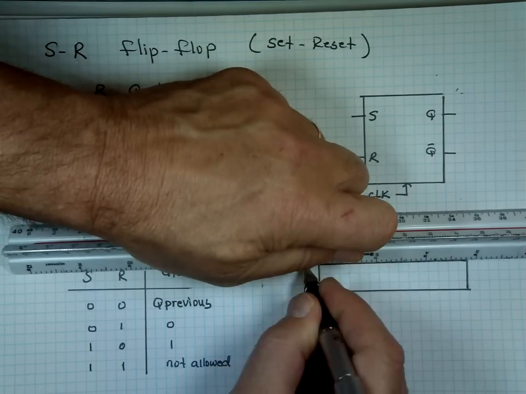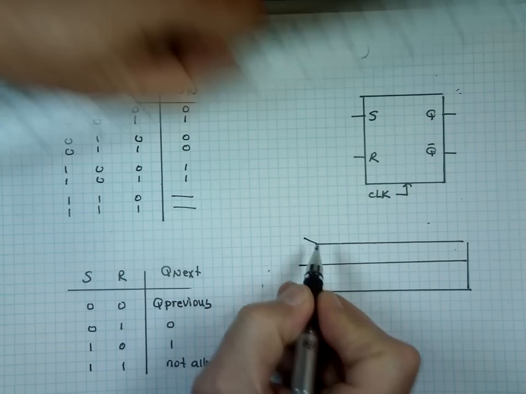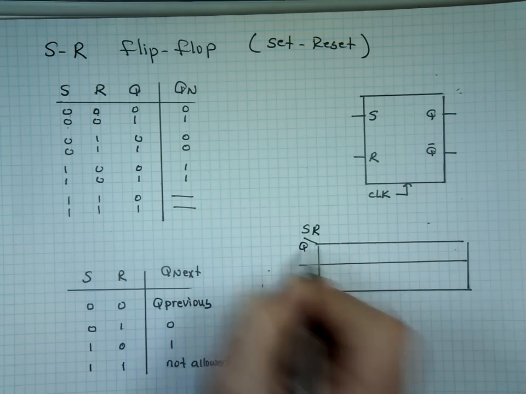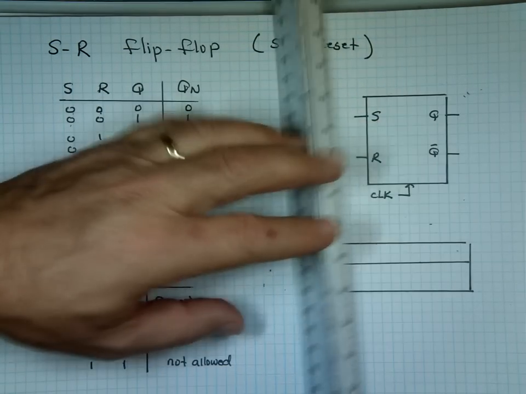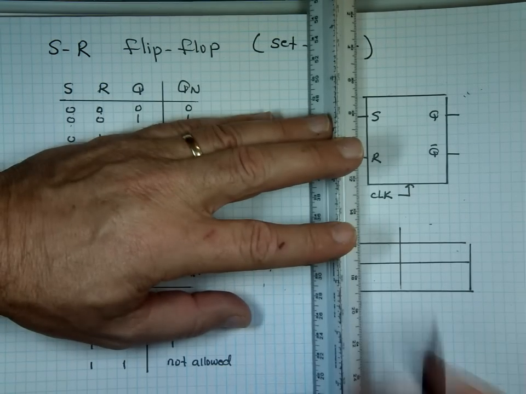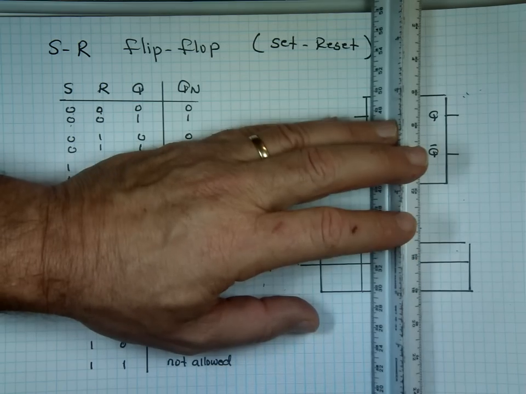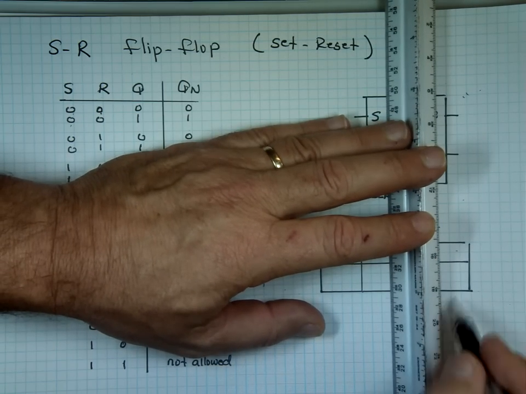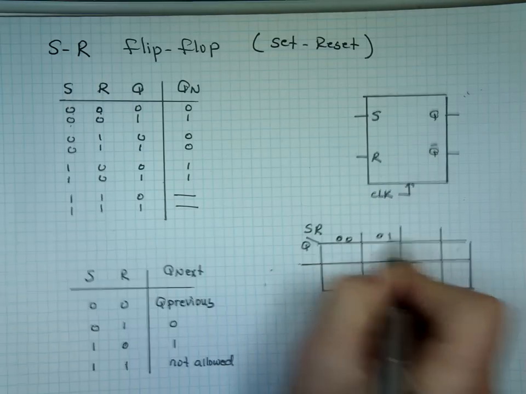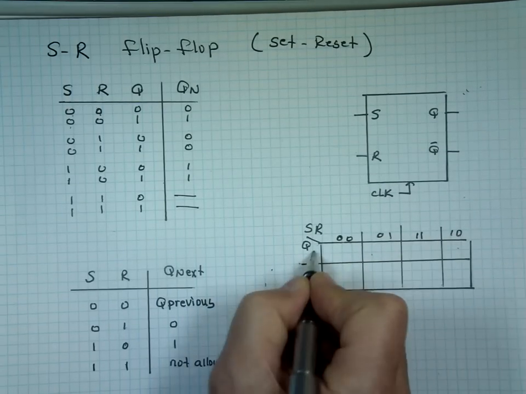I have 3 inputs, S, R, and Q. Zero, zero, zero, 1, 1, 1, 1, 0. Let's look right here.